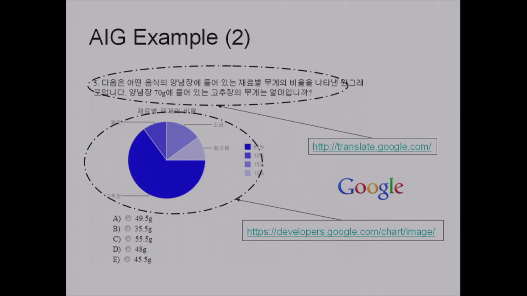Beyond those math equations, a lot of math items require charts, so we also use the Google Chart API to enable auto item generation inside the engine. This chart and its proportions can be dynamically changed according to the situation. So based on this Google Translation module, we can translate one English item into Korean, Japanese, Chinese, and all other languages very easily.